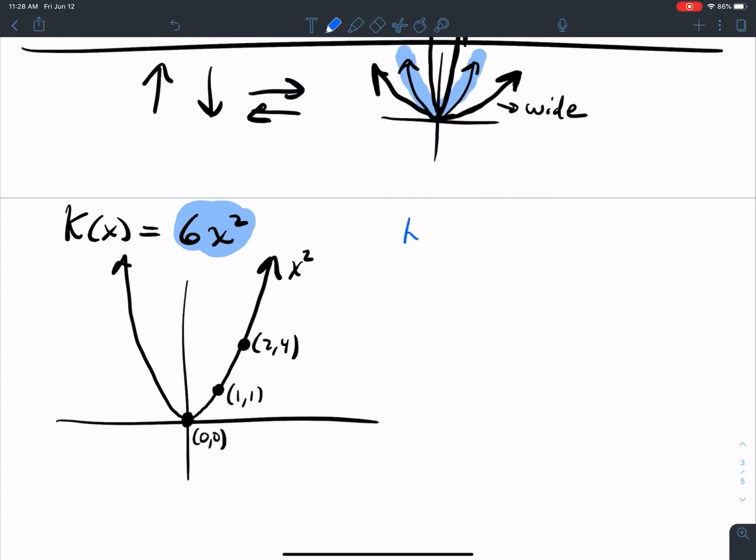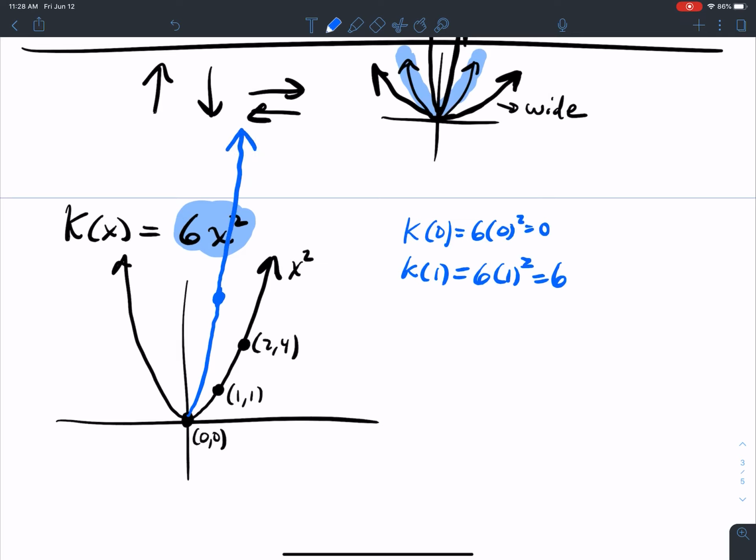If I plug in k of 0, I get 6 times 0 squared, which is 0. But k of 1 is 6 times 1 squared, which is 6. So now at 1, I'm actually going up to 6. So this is getting very steep very fast.